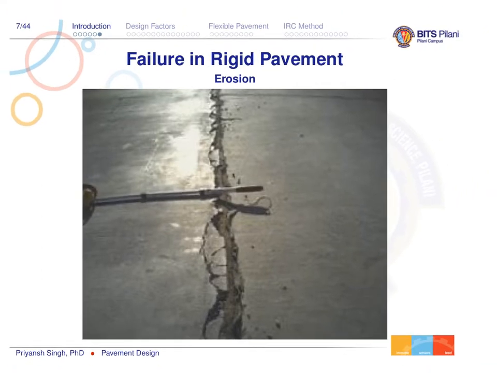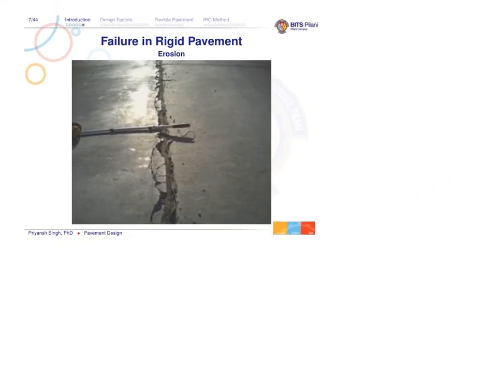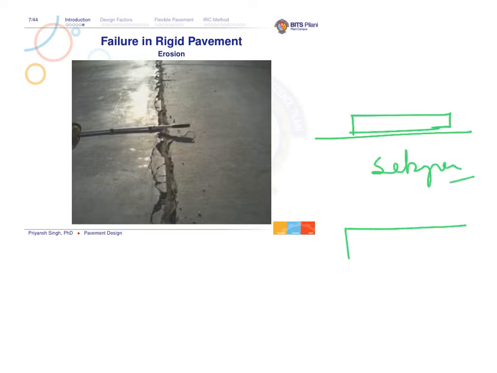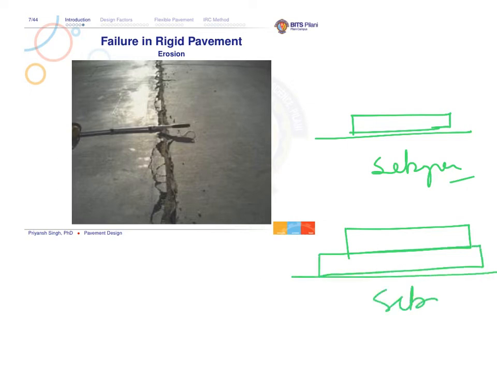What happens? We might not have the other layers present in case of rigid pavement, as there are many layers present in the case of flexible pavement. You might have a slab, and directly after the slab you might have your subgrade, or in some cases you have a slab, then some middle layer of subbase, then a subgrade.